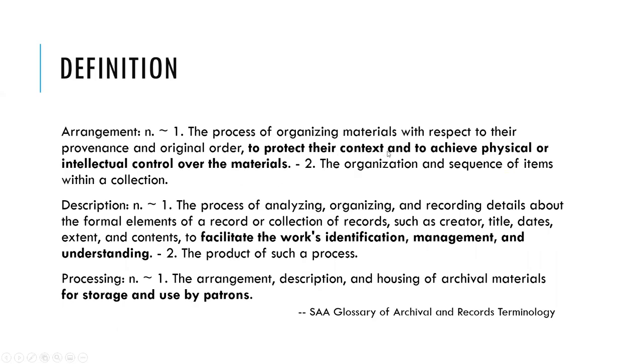So here again, we have an emphasis on context, making sure that records that are related to each other are contextually linked in the arrangement of the collection, whether that's because they're in the same series within a finding aid, or that relationship is made clear in other ways.